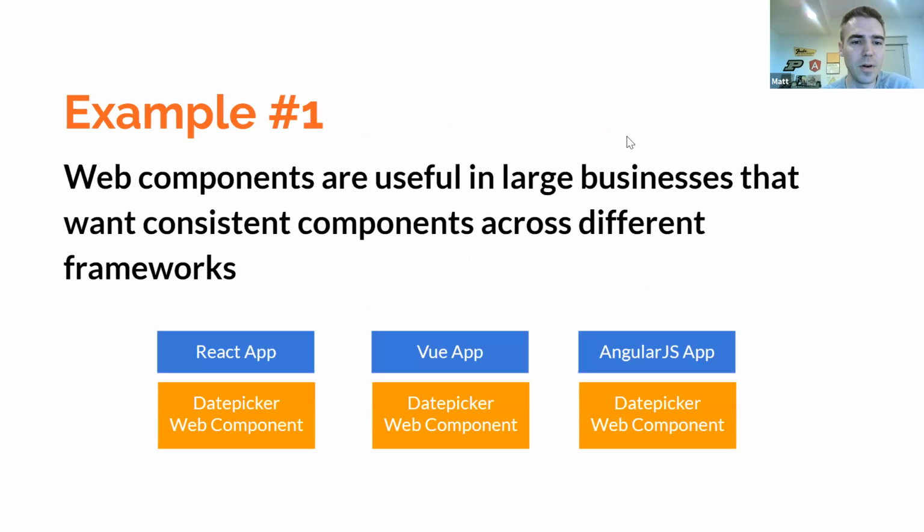You kind of want to have one source of truth component to use. This is a good use case for a web component because you can make it once, and then you can have all your different teams consume that same web component, and you always know that they're all going to be consistent.